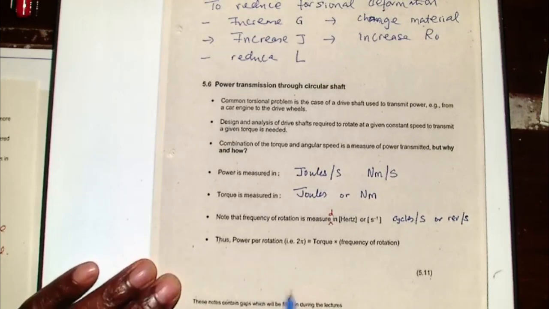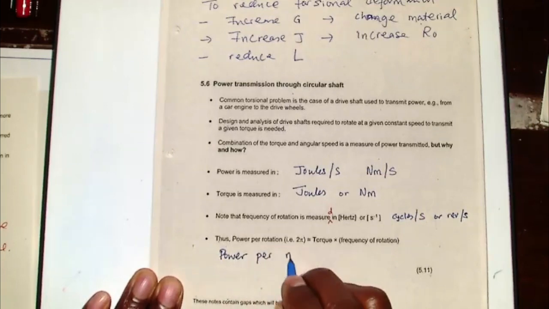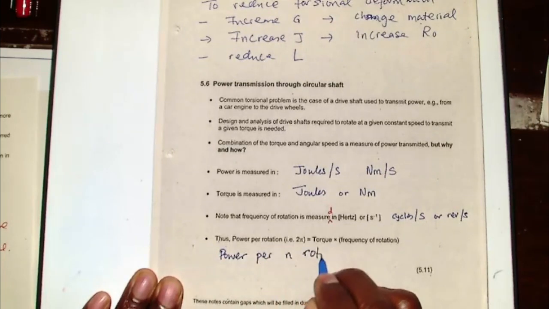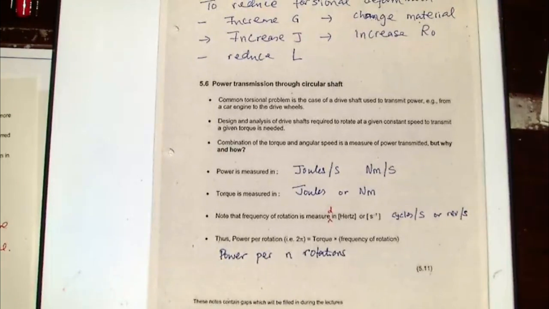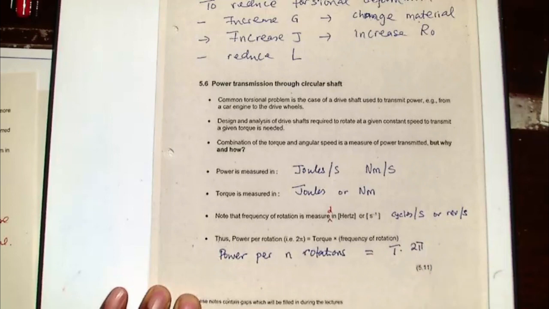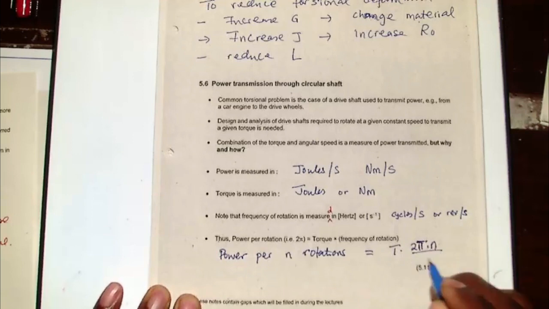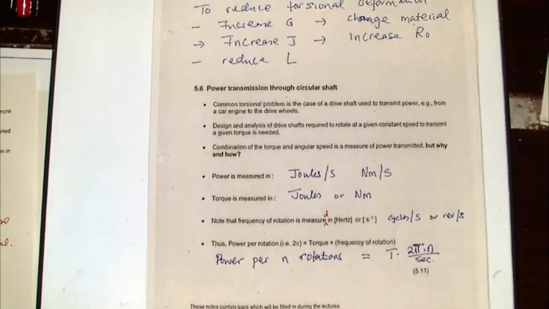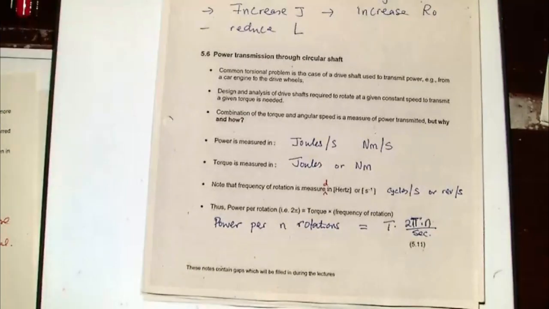So let's do that. I have power per n rotations, or n revolutions. That would be the torque times 2 pi, which is one revolution, times the number of revolutions per second. What I have there, 2 pi n per second, is my angular speed.